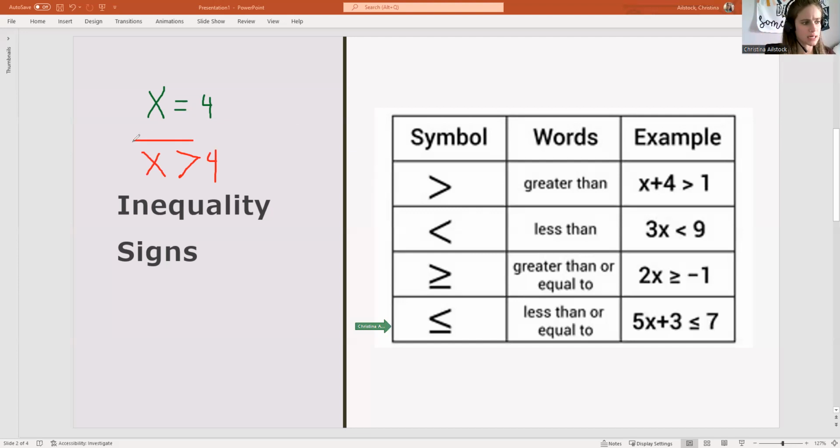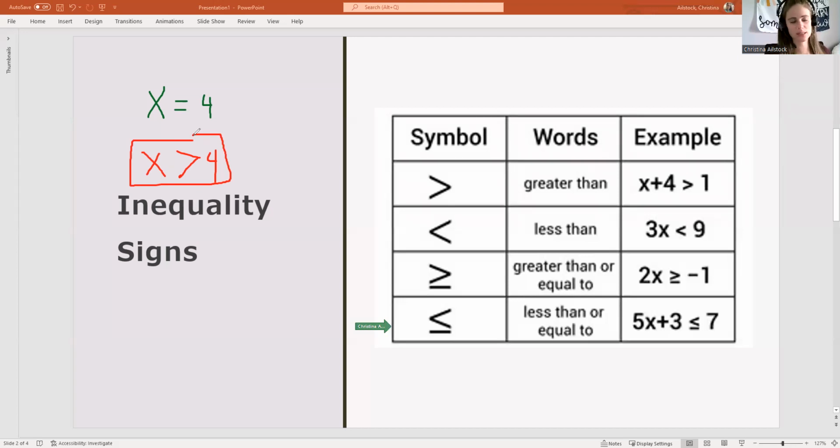So this is still technically the official answer that would be written down, because you're not going to be expected to write down every number greater than 4. That's why we have these inequality symbols to help out. But just so you guys understand the difference, it really comes into play with the meaning of your answer. With an equation, there is literally one number that is the answer.